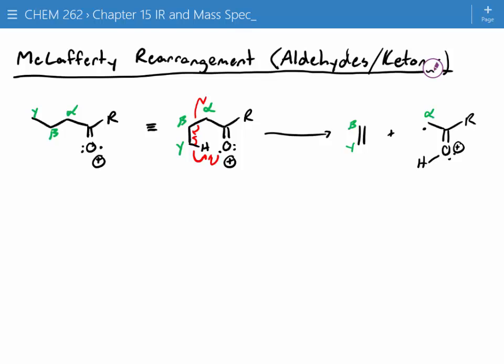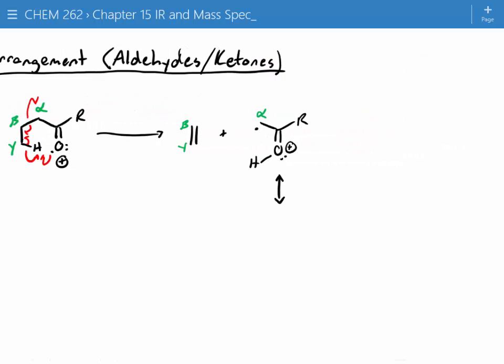Kinda. So let me actually redraw this lone pair a little bit better, and we'll see if there's any resonance structures for it. So we can take this single electron, dump it down there, an electron from there, dump it down, and then a single electron and dump it up.